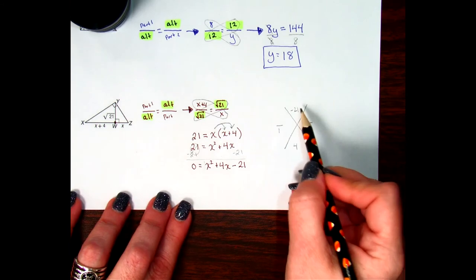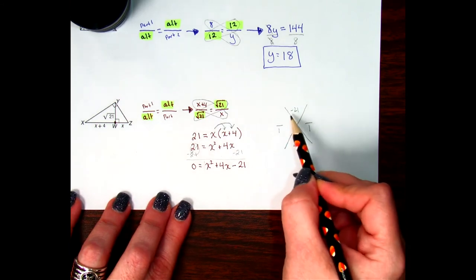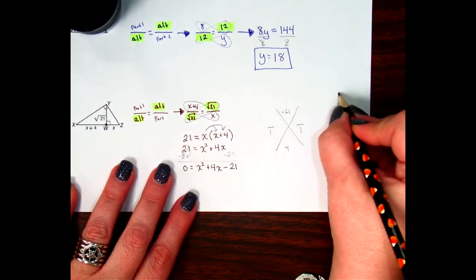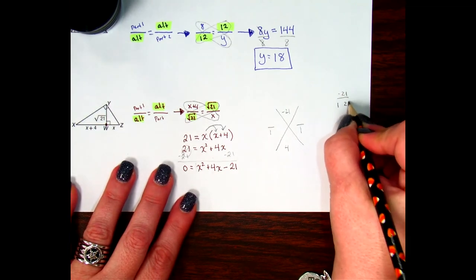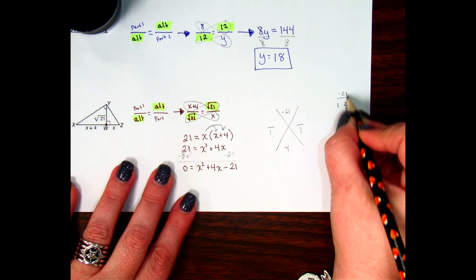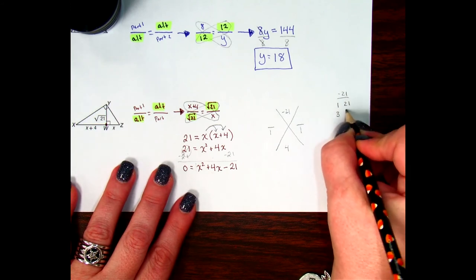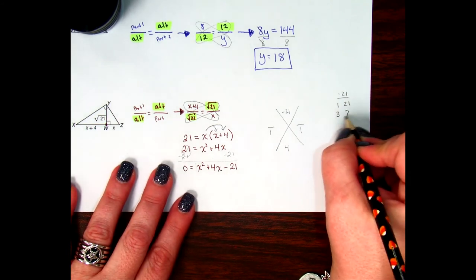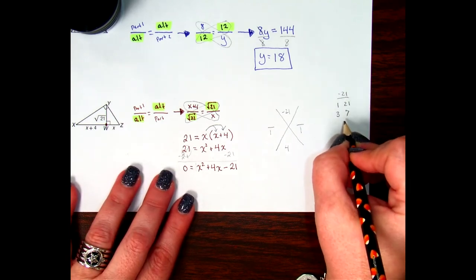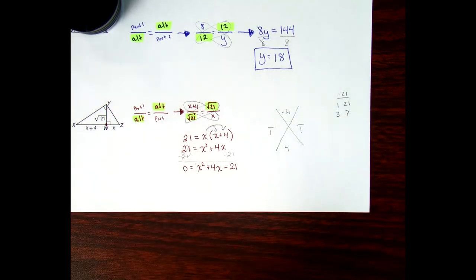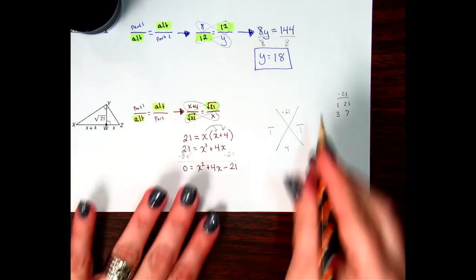And remember, we're looking for values that multiply to negative 21. So negative 21, I like to come off to the right. That's just going to be 1 times 21, where one of them is negative. 2 doesn't go in. 3 times 7, where one of them is negative, right? So negative 3 times 7, or negative 7 times 3. 4, 5, 6. Nope, those are going to be the only factors of 21.